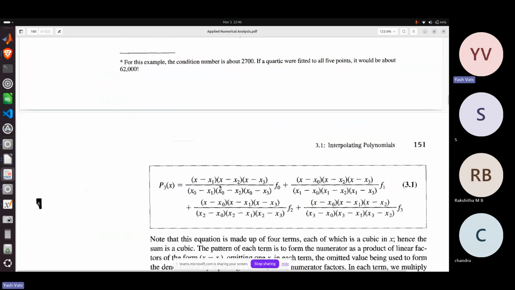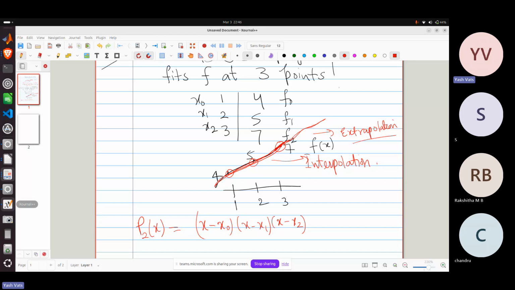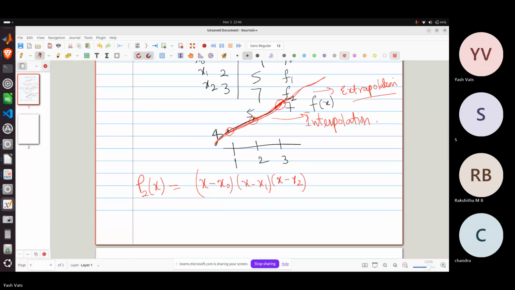Yes, it should be x naught, x1. It should not go beyond this, and you leave x naught behind, so it's not correct actually. So you just write x minus x1, x minus x2 divided by x naught minus x1 and x naught minus x2.